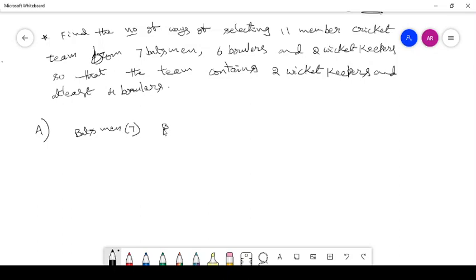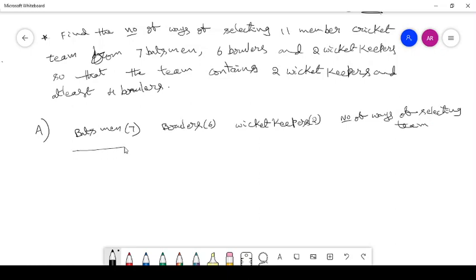Bowlers? 6. Wicket keepers? 2. Next, the number of ways of selecting the cricket team.